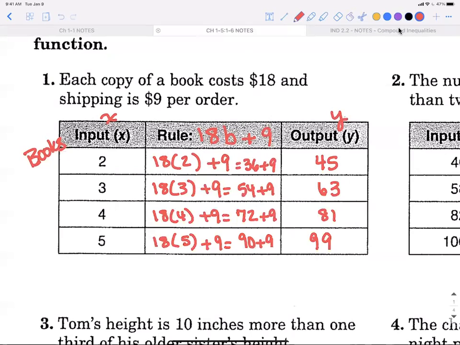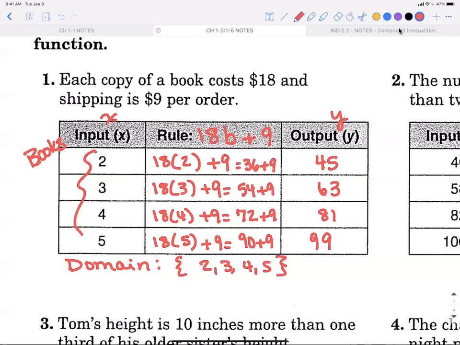So now the last thing it asked to do was to state the domain and range. So our domain, and remember, I call them funky brackets, braces, whatever you want to call them. Yours do not have to be beautiful. As long as I can tell what you're doing, you're good. You're going to list your domain. Okay, so our domain is our X's. So that's 2, 3, 4, and 5.